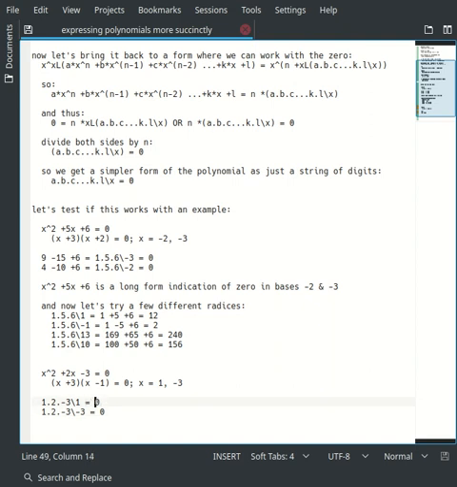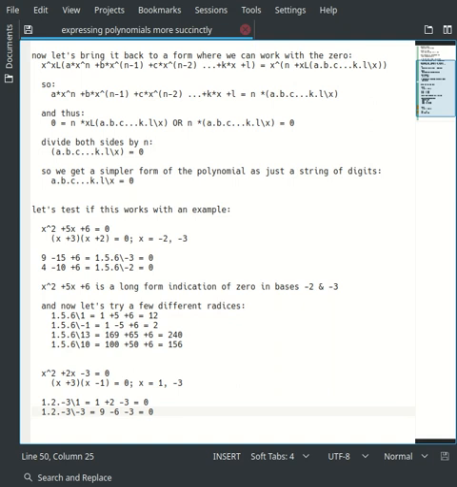So let's check this out. So okay, 1 squared times 1 is 1, and then 1 times 2 is 2, and then we get the -3. That does indeed equal 0. And now -3 squared is 9 times the 1. -3 times 2 is going to be -6, and then we also get a -3.